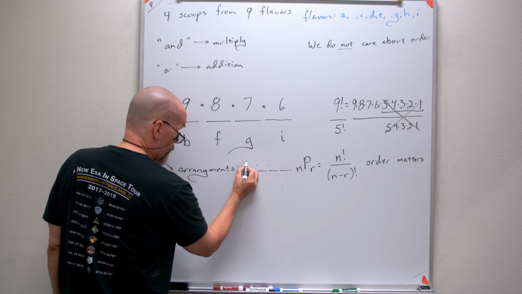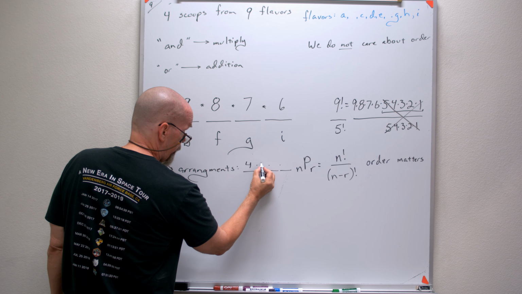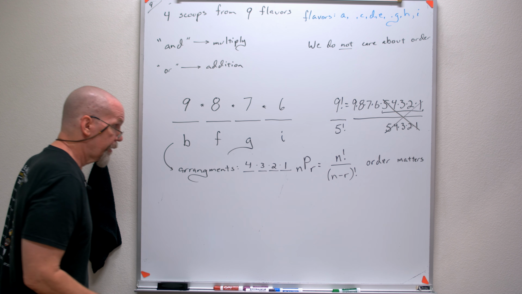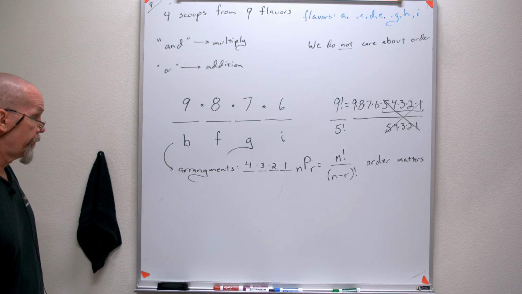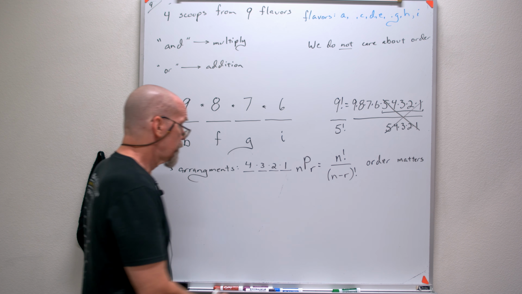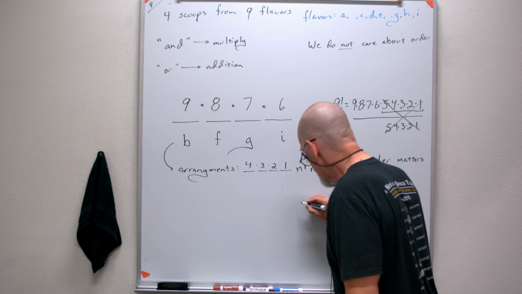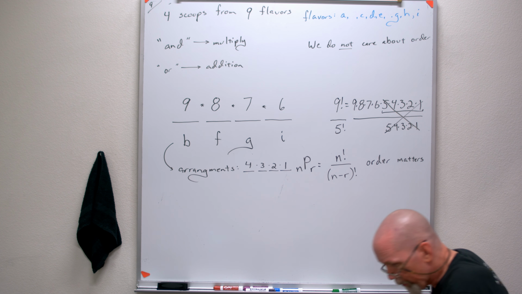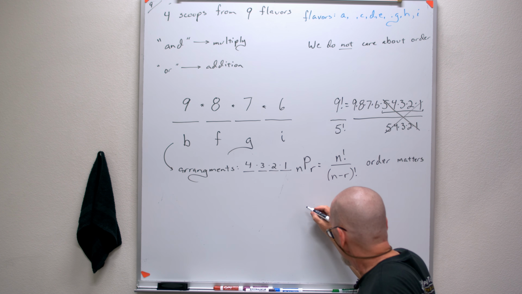I'd have 4 choices for my first, 3 for my second, 2 for the third, and 1 for the last. That's just 4 factorial, right? So when I don't care about the order, it's the same exact thing, except that I have to divide by the number of ways of ordering the items that I chose.